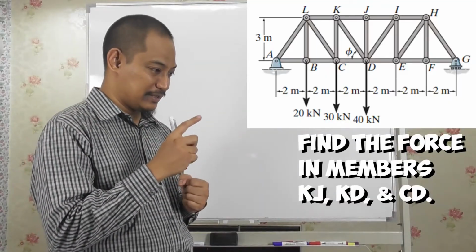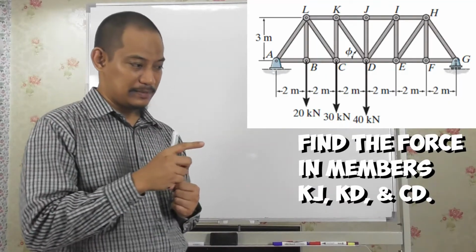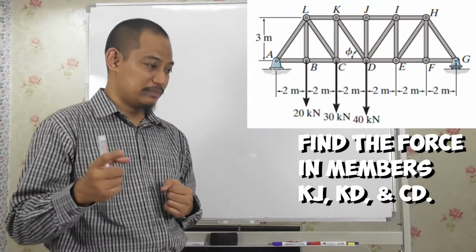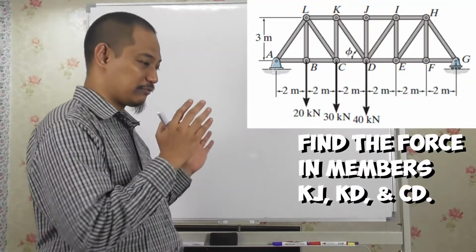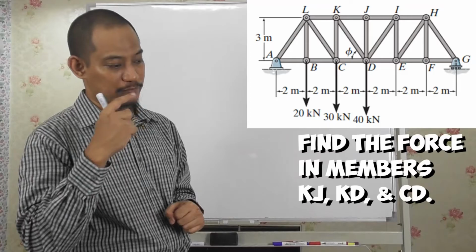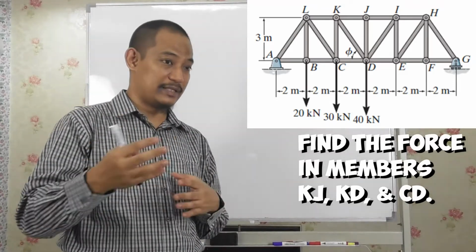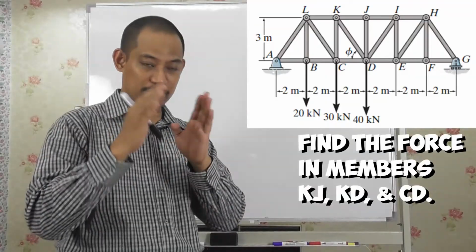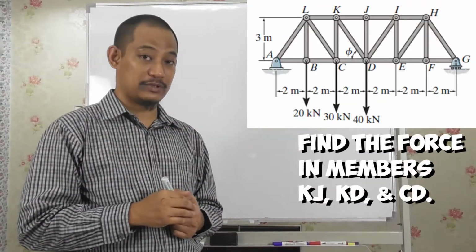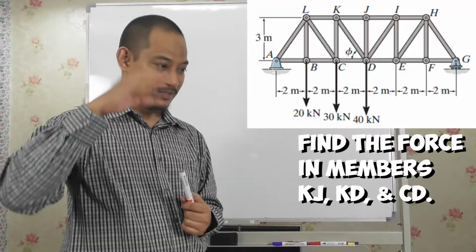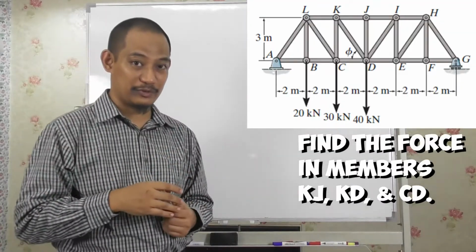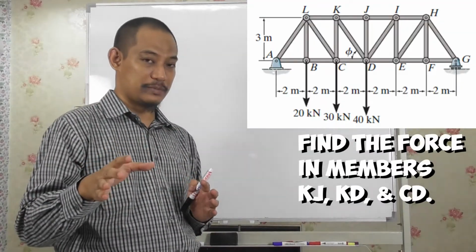If you start from the left, from point A, you have to solve point B, point L, and then points K and C, only then do you reach all the 3 forces you need to determine. Hopefully you can imagine without me showing what's going on.